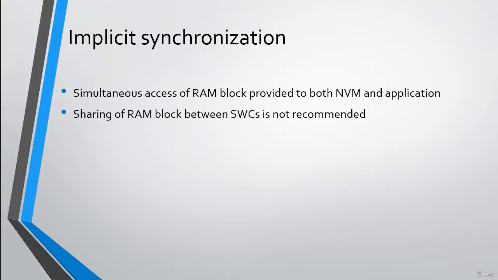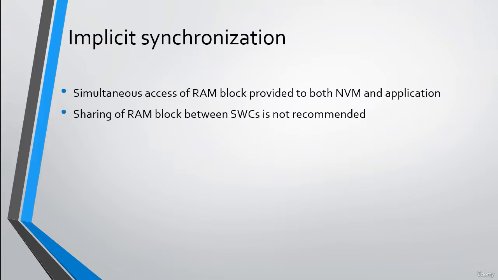Sharing of this RAM block between software components is not recommended in this case. For example, if there are multiple software components accessing the RAM block together, there can be synchronization issues because there is concurrent access between NVM and the application at the same time.